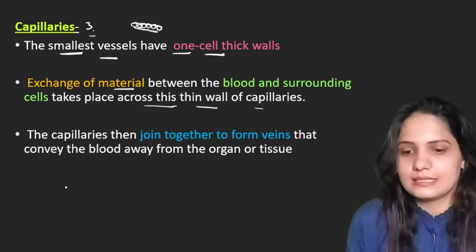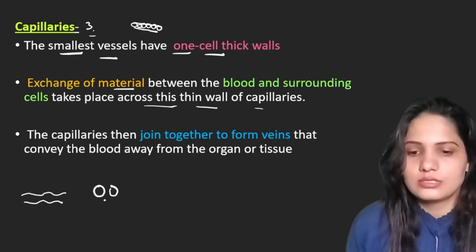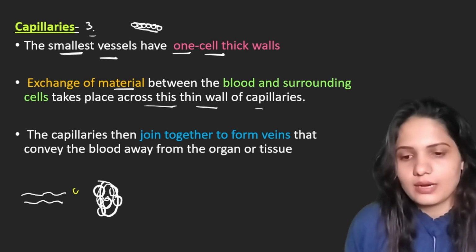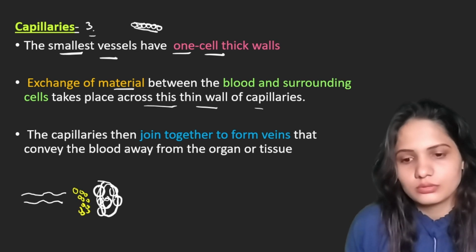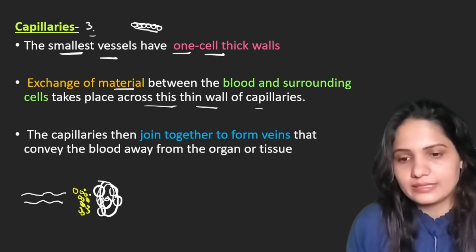Now, if we see, this is our artery, and this is the tissue. As the blood comes from arteries, it enters into capillaries, and through the walls of capillaries, the exchange of material takes place.